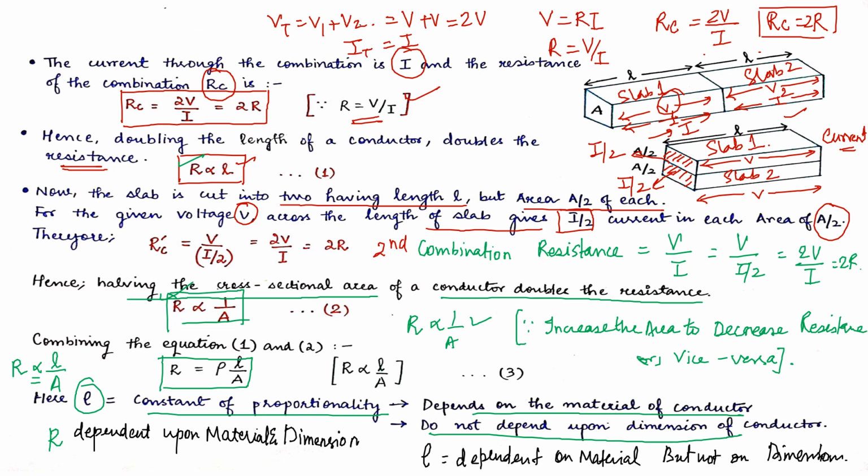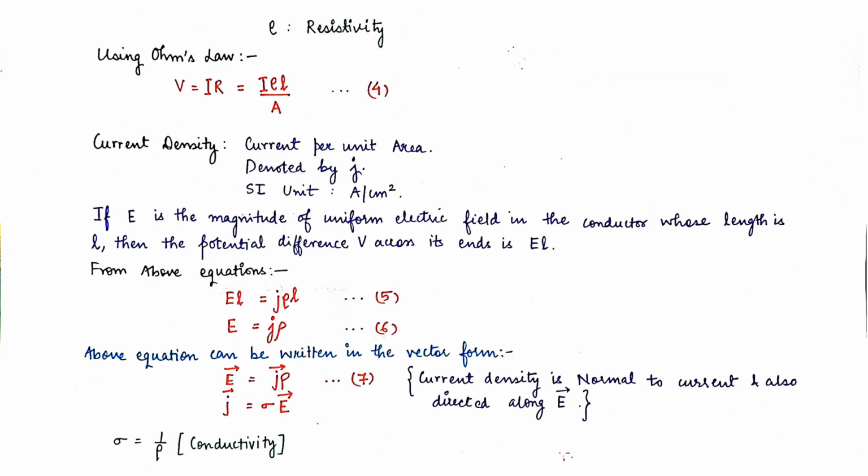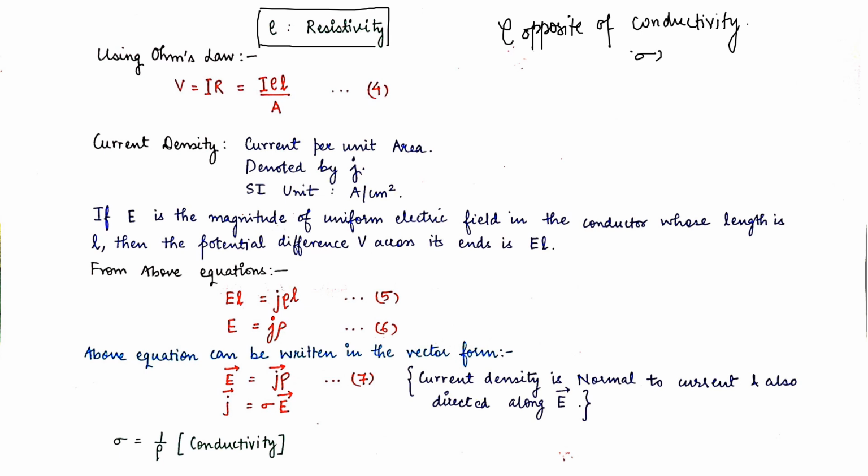Okay. So rho is our resistivity. As we have seen, this rho is the opposite of conductivity. This conductivity is given by the symbol sigma, which we are going to see. Okay, see over here, sigma equals 1 upon rho, that is our conductivity.